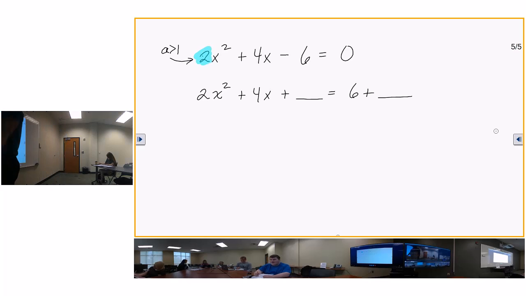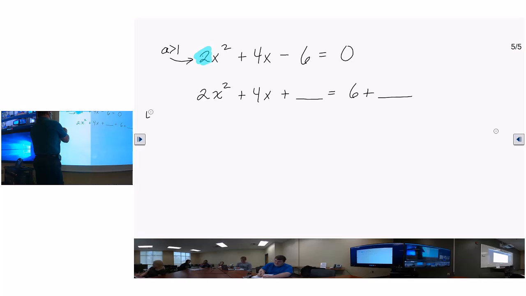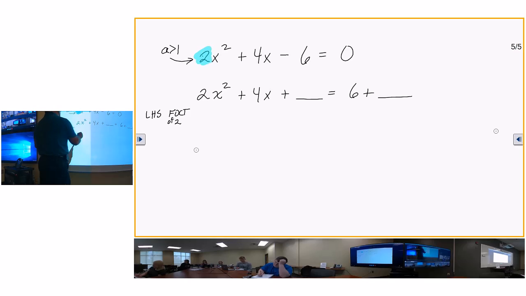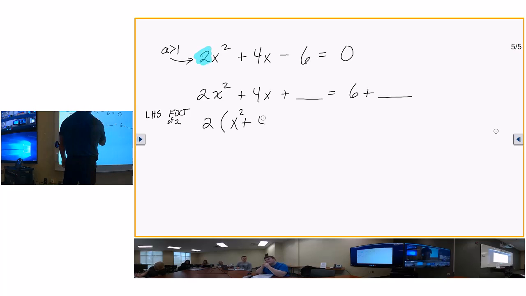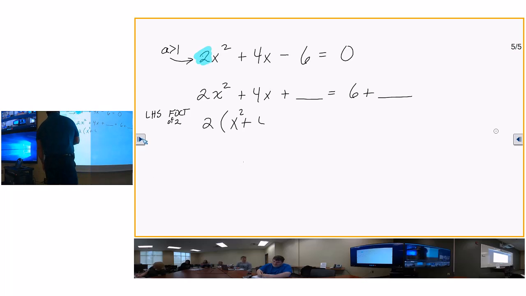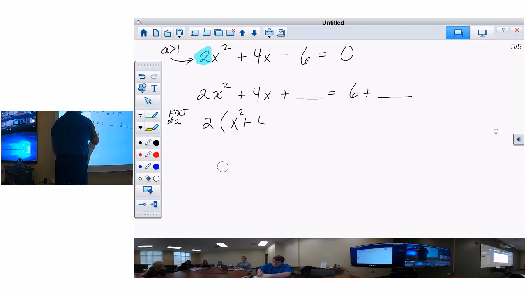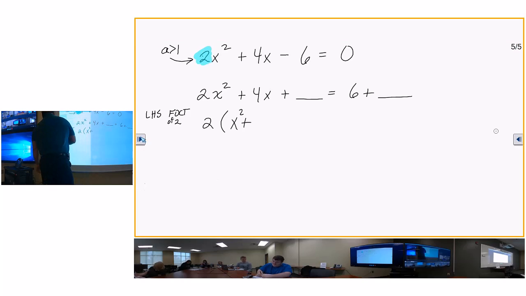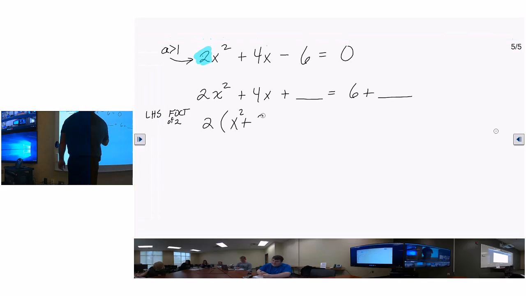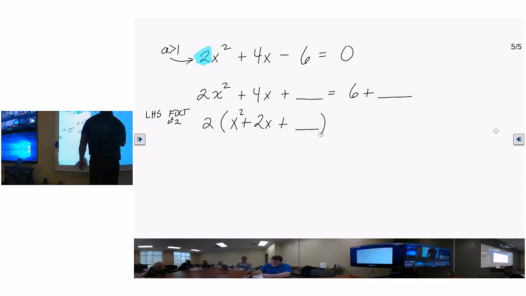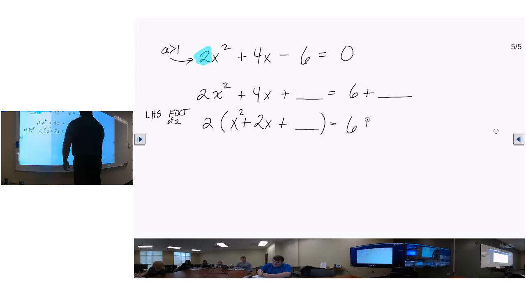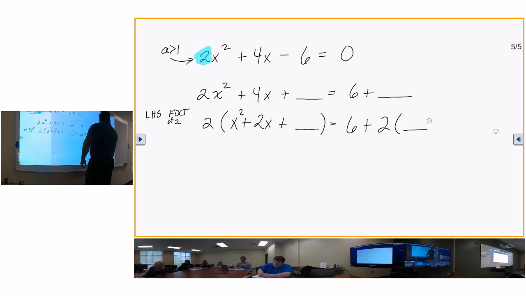So over here, I'm going to put left-hand side, factor out common term of 2. And that's going to give us 2 times x squared plus 2x plus blank is equal to 6 plus 2 times blank.